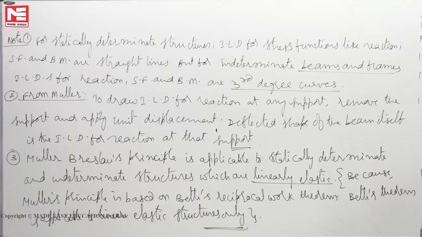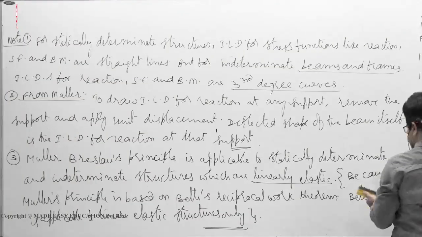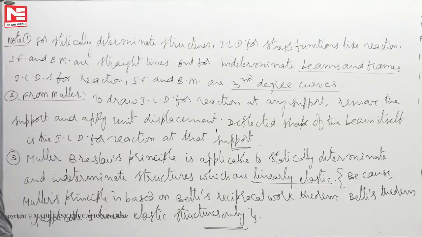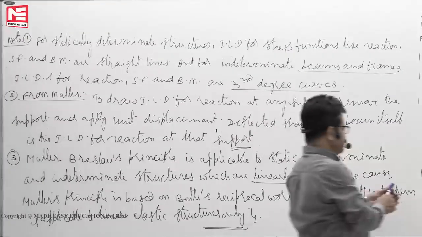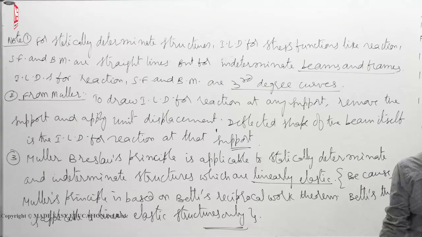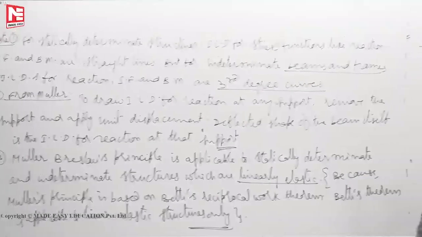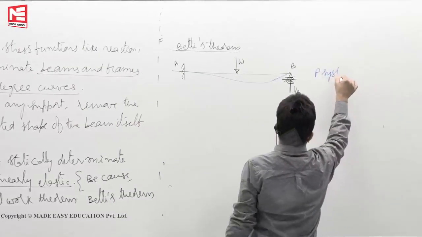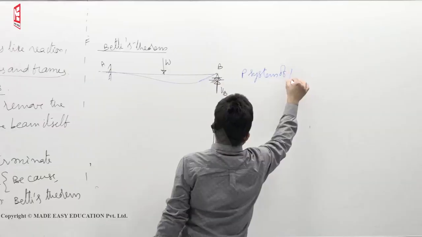There is a load W. Now you have a cantilever beam subjected to two systems of forces, W and VB. Its deflection profile is like this. This you call the P system of forces.